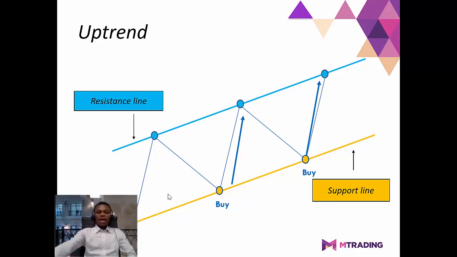When the price has gone to the support line, this is when there is an opportunity to buy. Reminding you that this is a basic class. There are different things which play into our decision to buy. But generally, this is how it looks. When the price is down here and we have an uptrend, we buy, and we sell when it has got to the resistance line.